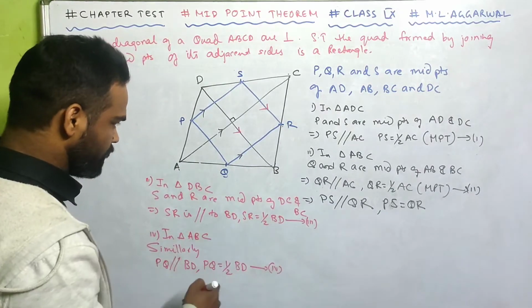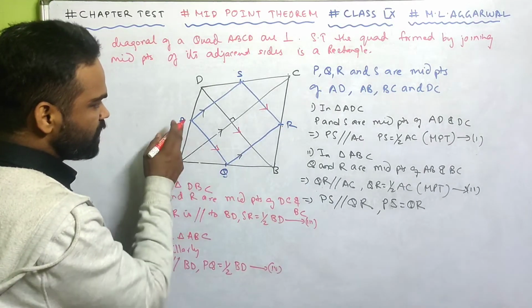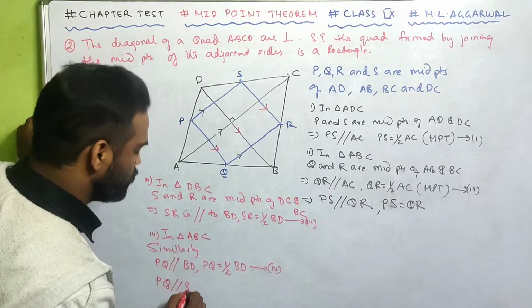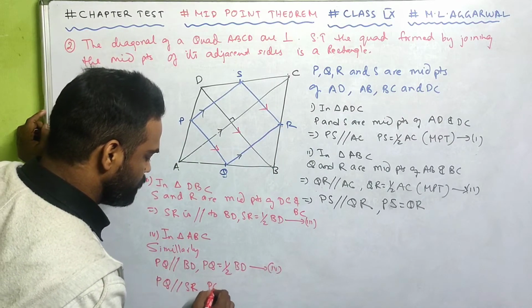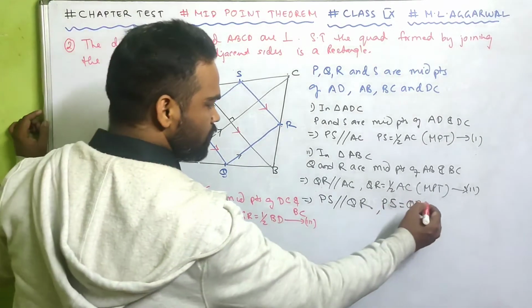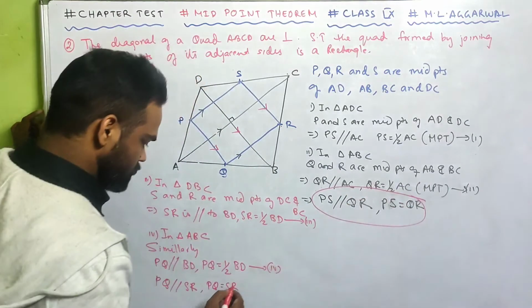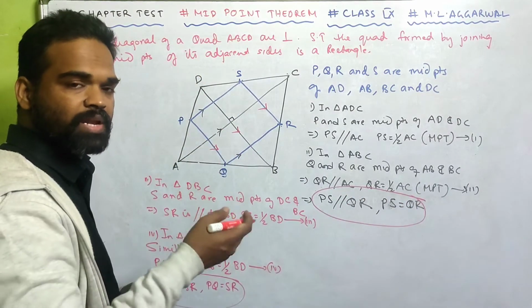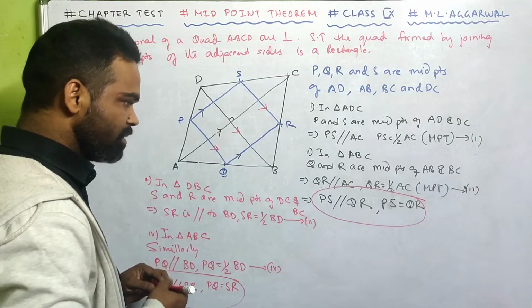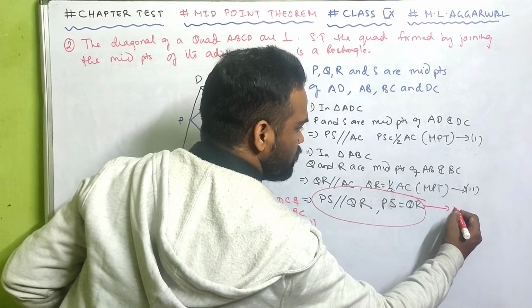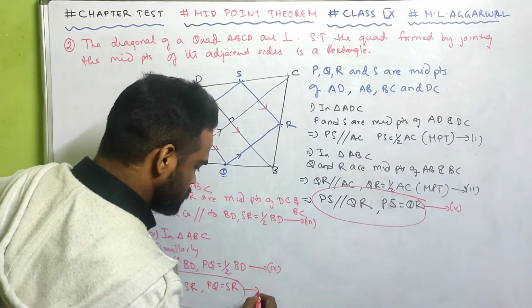3 and 4. If you compare 3 and 4, it simply means that PQ is parallel to SR and PQ is equal to SR. Yes or no? Now look, from this and this, opposite sides are equal as well as they are parallel, which simply means, suppose this is 5 and this is 6.